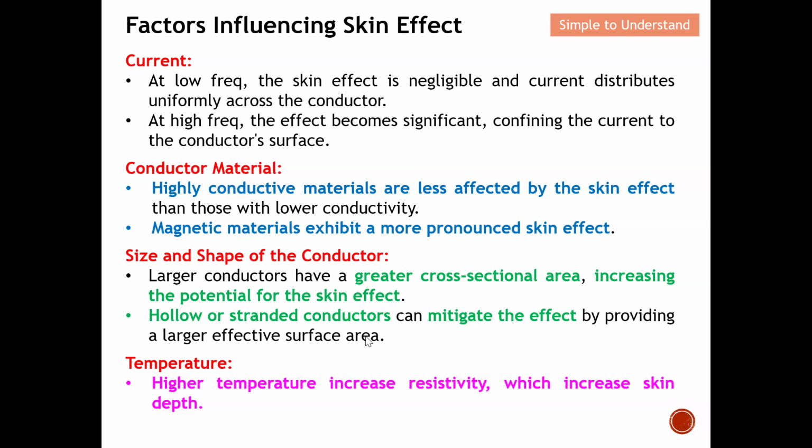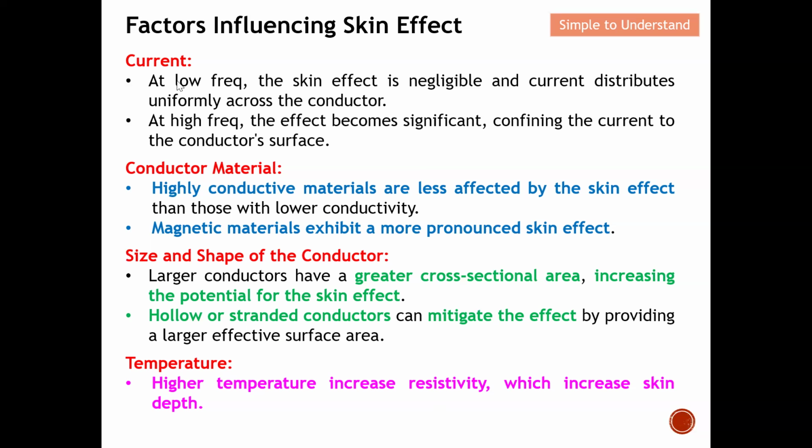So if we need to use wire, we probably want to use flexible strand conductors rather than a rod of metal. As for temperature, when we increase the temperature, you also increase the resistance value, which indirectly also increases the skin depth. So these are all the factors that will affect the skin effect.